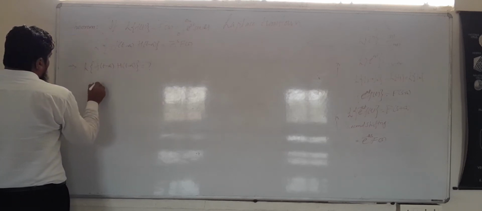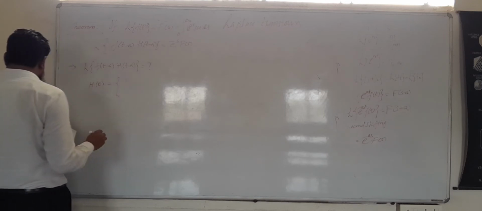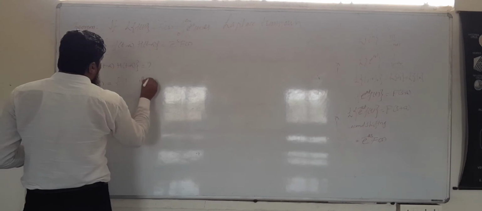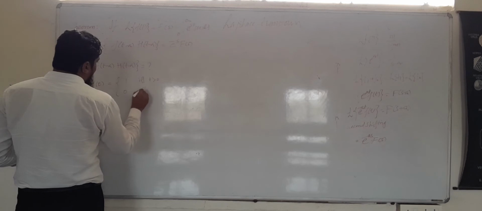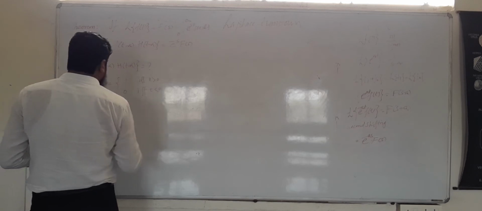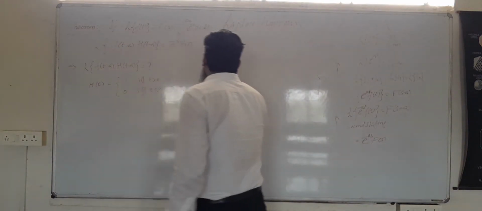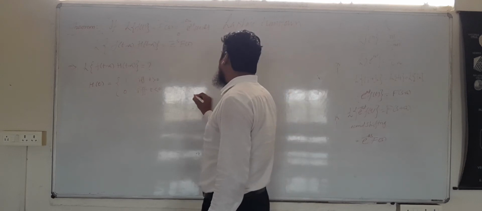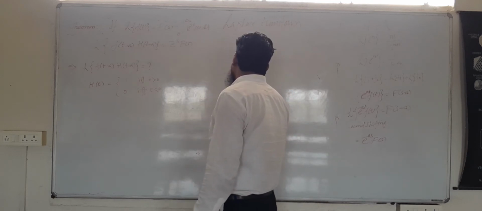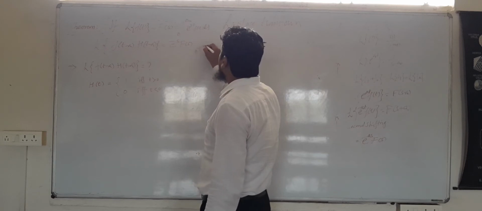Now we know that the unit function h(t) is equal to 1 if and only if t is greater than 0, and 0 if and only if t is less than 0. Graphically, if we want to produce the graph of the unit function, there is a 0, the x-axis and this y-axis.